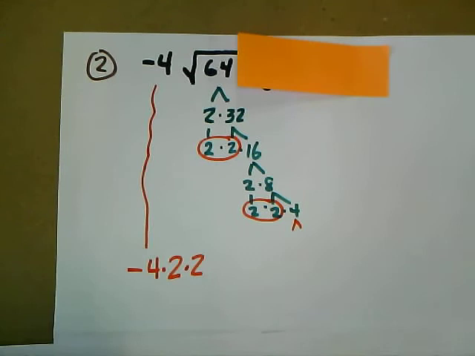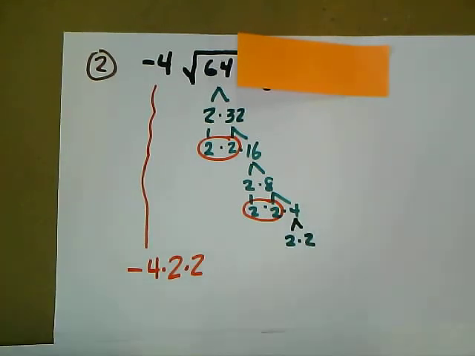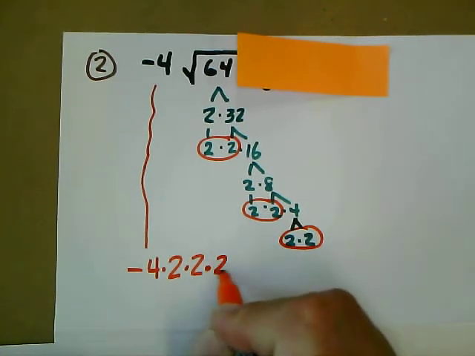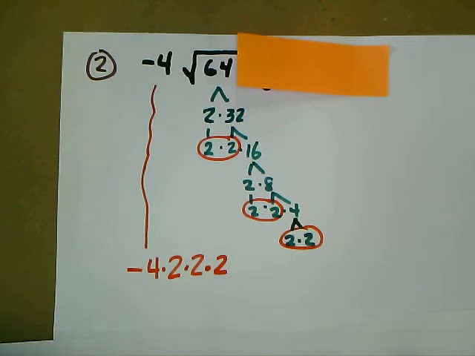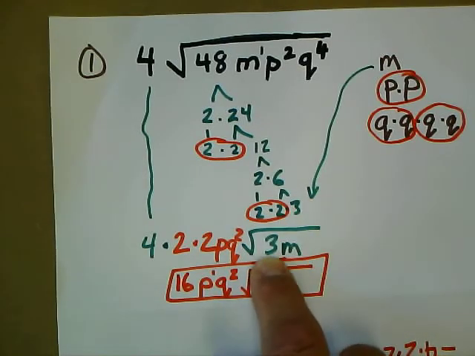Oops, wrong color there. Let's break that down into 2 times 2. Well, there's our pair. So we put that 2 there. Here's the thing, there's nothing left over. Like the last one, we had that extra 3 right here. We left that inside.